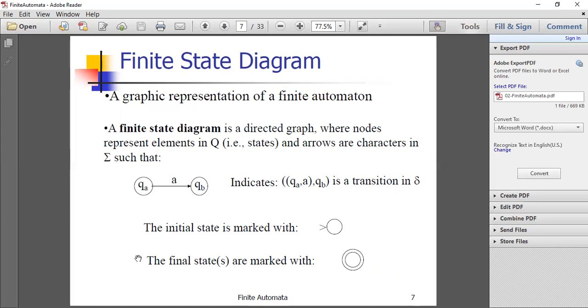So here we can see the graphical representation of finite automata. On QA, it is a starting state. On a transition, it is going to reach another state that is called QB. So here it is represented as the starting state, and the double circle represents the final state.